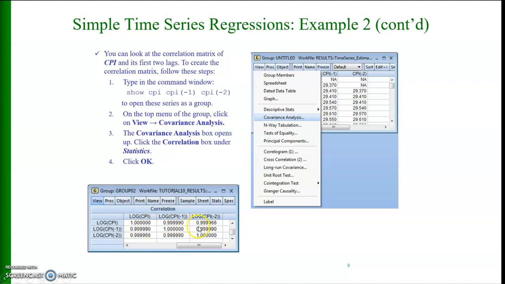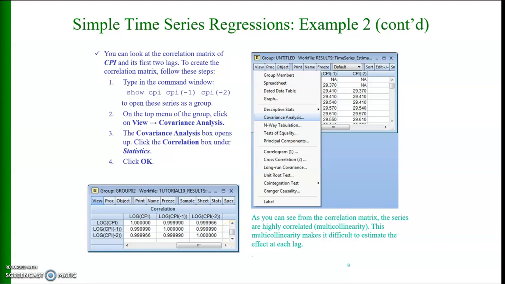You see 0.99, 0.99, 0.99. So from the correlation matrix we can see the series are highly correlated. So there is the issue of multicollinearity. This multicollinearity makes it difficult to estimate the effect of each lag.